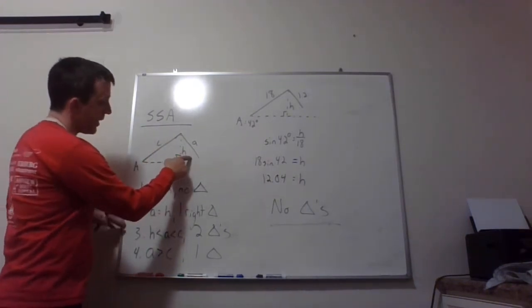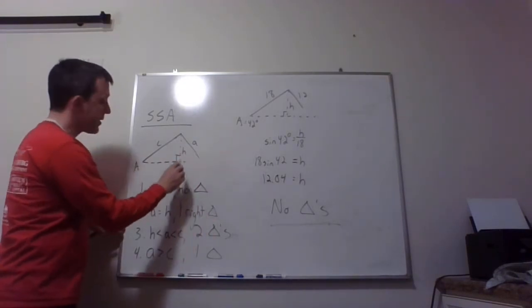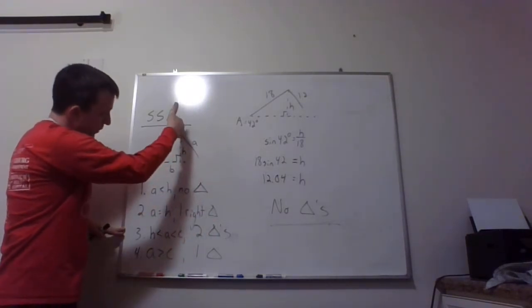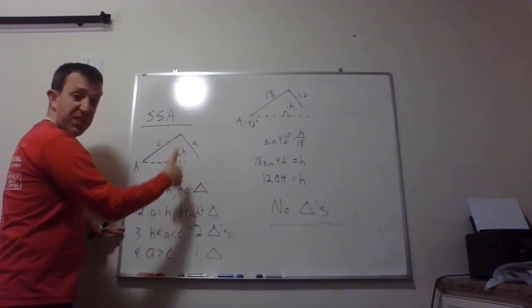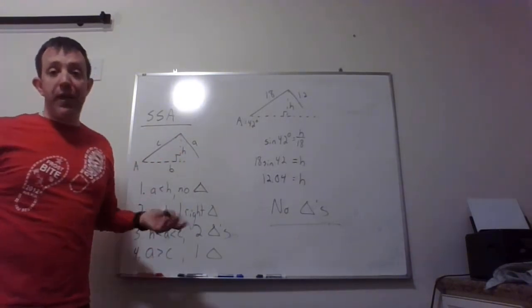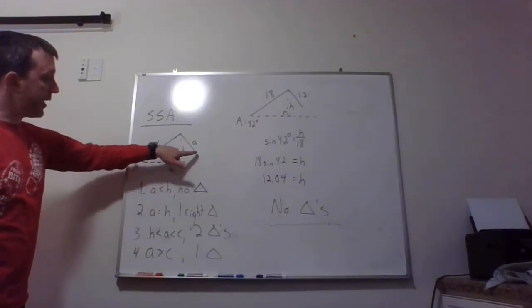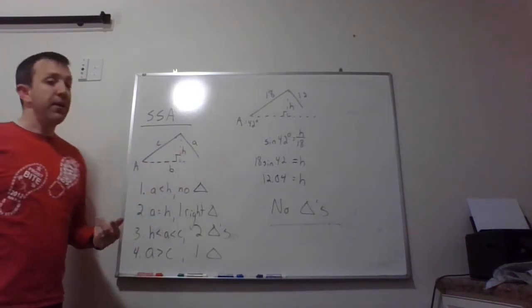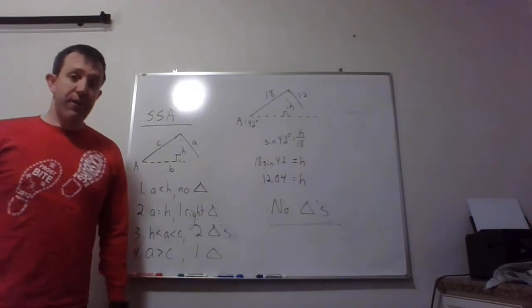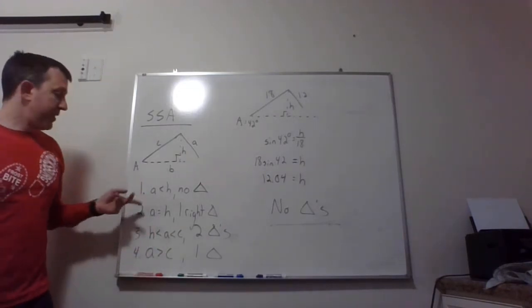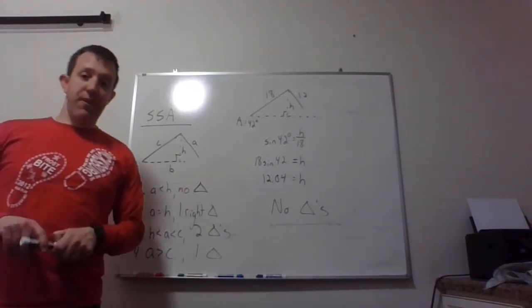If you let this side just dangle straight down, it wouldn't reach the bottom, so there is no triangle there. If A is equal to H, if the dangling side and the height of the triangle are the same, you'll get one triangle and it's a right triangle. We're not going to be terribly interested in that one because we're not doing right triangles right now.